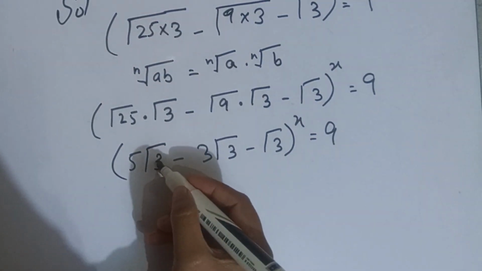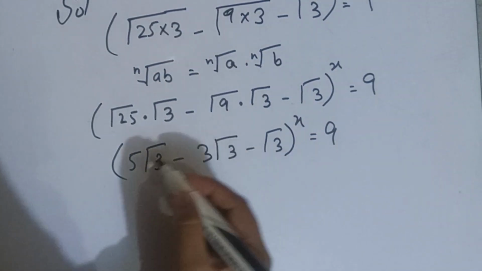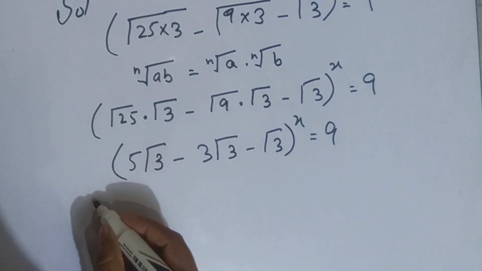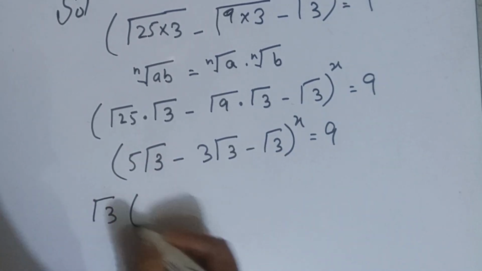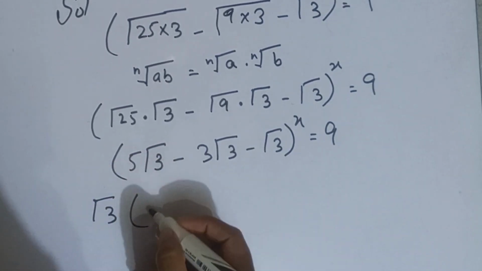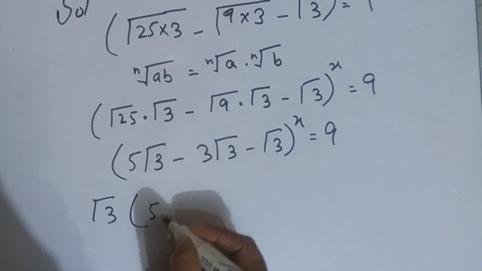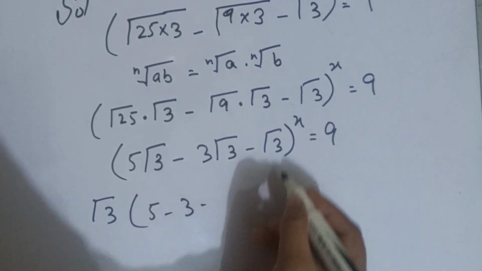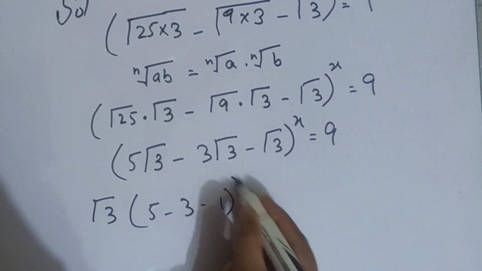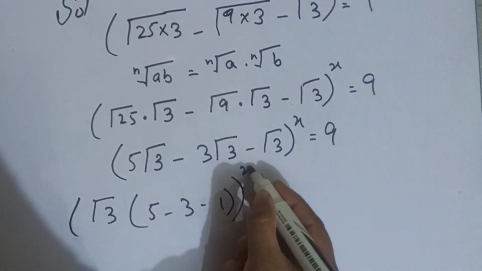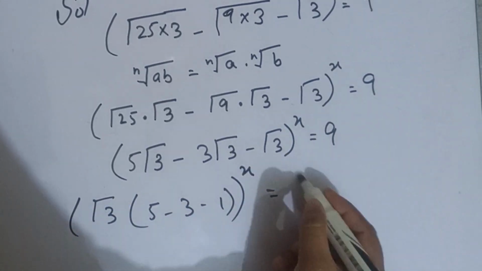Now focus on this side. √3 is involved in all these terms, so we factor out √3. Then the first term will become 5, the second term will become 3, and the last term will become 1. Its whole power is x, and the right hand side is 9.